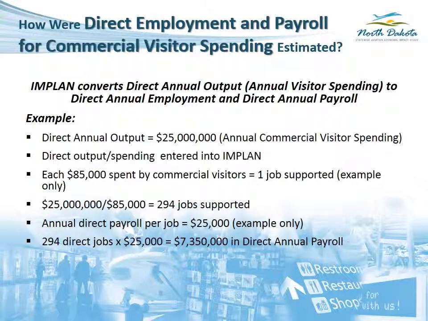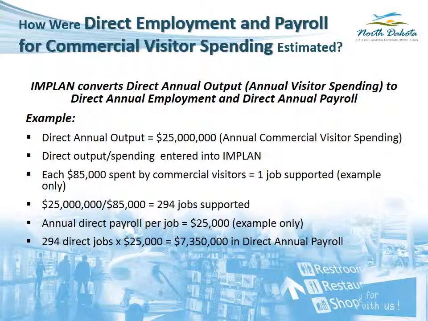Similar to direct output for the general aviation visitors, direct output from visitors arriving on commercial airlines is equal to the annual spending the visitors have while in the state. In our example, the Input-Output model is also used to determine the number of jobs and payroll that are supported by the estimated $25 million in direct commercial visitor output or spending.